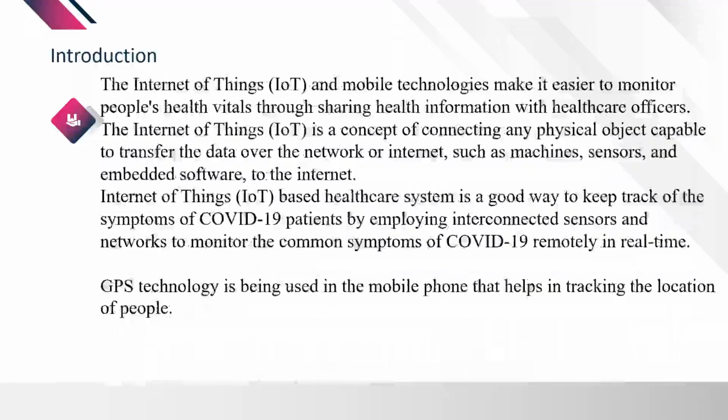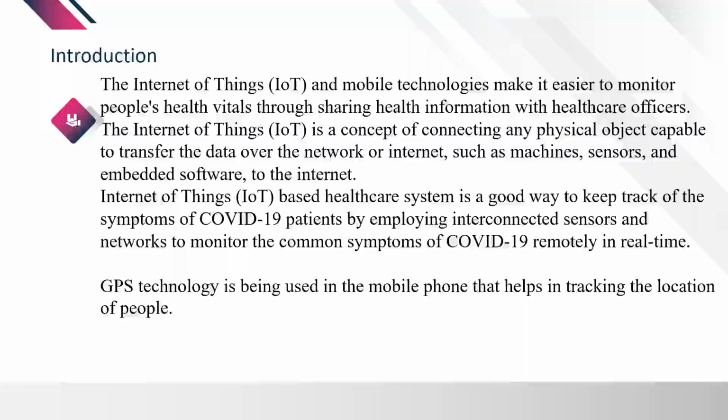We are using IoT, so I'll give a summary of the Internet of Things. It makes it easier to monitor people's health data through sharing the health information with the healthcare officer.